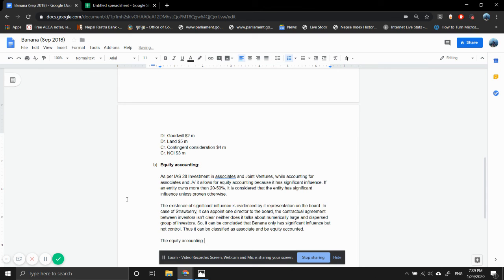Equity accounting is a method of accounting in which investment is recorded at cost, adjusted for share of post acquisition profit, adjusted for post acquisition net assets.